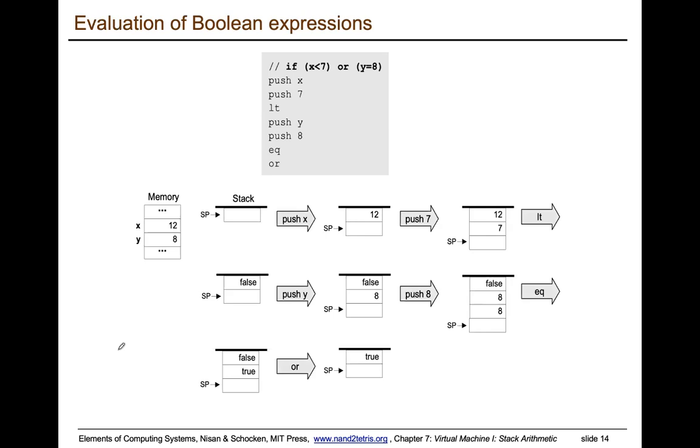If the Boolean expression is true, it will be -1, otherwise it will be 0. If you have a problem with this value, you can look back to our assembly and assembler slides. They give you the value at that time. It's not true or false.